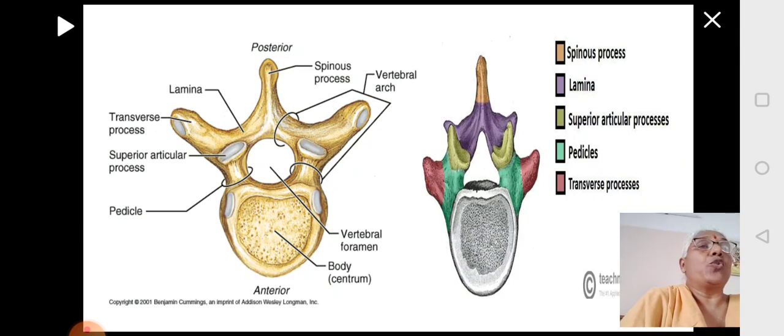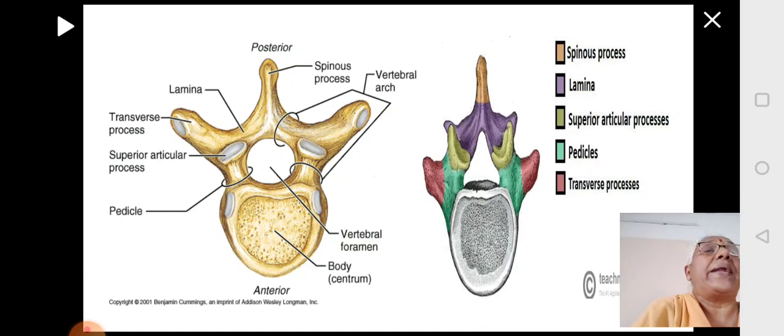Now, if you look at the picture on the right side for you to understand better, the one which is brown in color is the spinous process. The one which is purple in color is the lamina. The one in light green is the superior articular process.